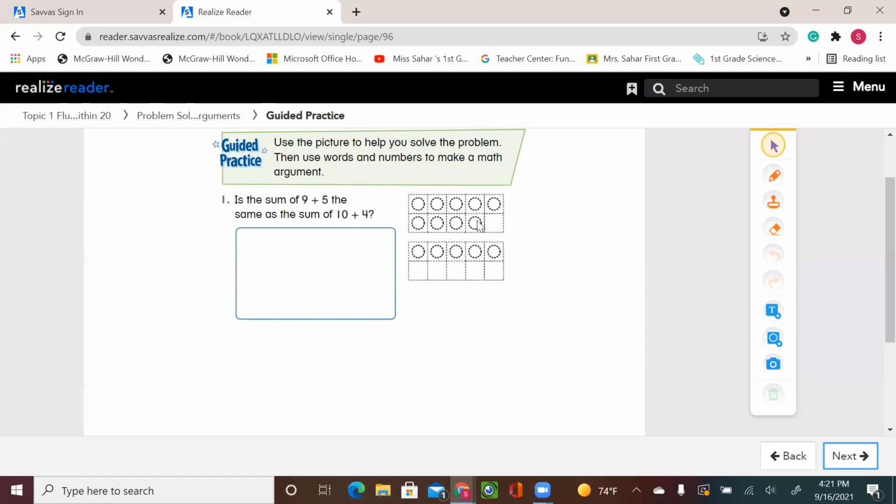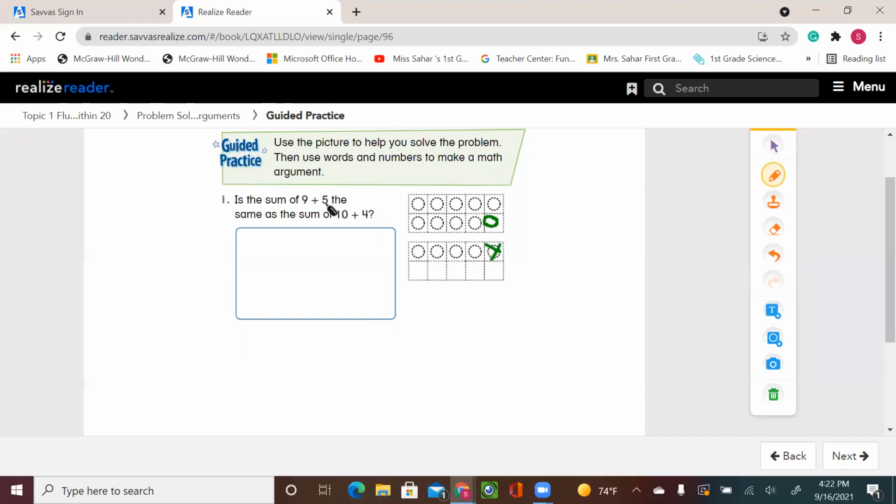All right, so I have my 10 frames here. This is the first one, 9, and this is the second frame, 5. So if I add 9 plus 5, the sum or the total or my answer would be the same as 10 plus 4? Yes, because if I move this counter from here and I add it up there, that will make my first frame 10. 10, and how many do I have left? 1, 2, 3, 4.